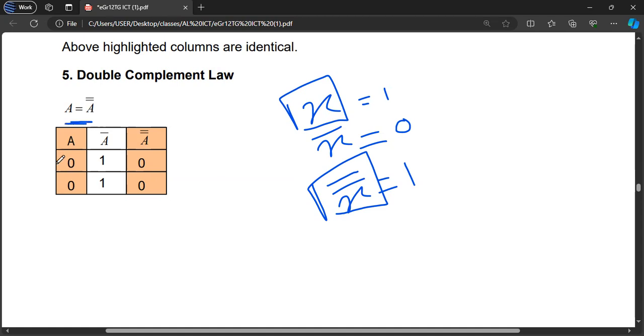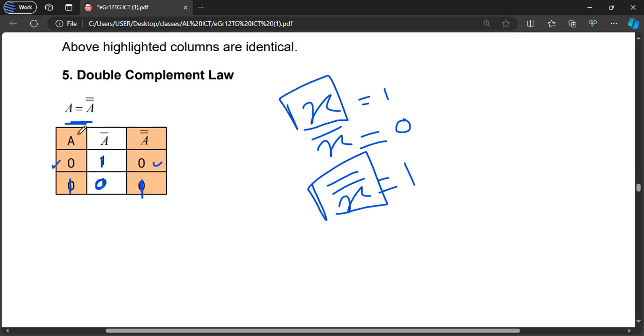So 0 here we are having, then here we are having 1, right? So here A bar means opposite. So 0 means here it's going to be 1, and 1 means it's going to be 0 here. Then A double bar is the opposite of A bar. So 1 means it's going to be 0 here, 0 means it's going to be 1 here, right?